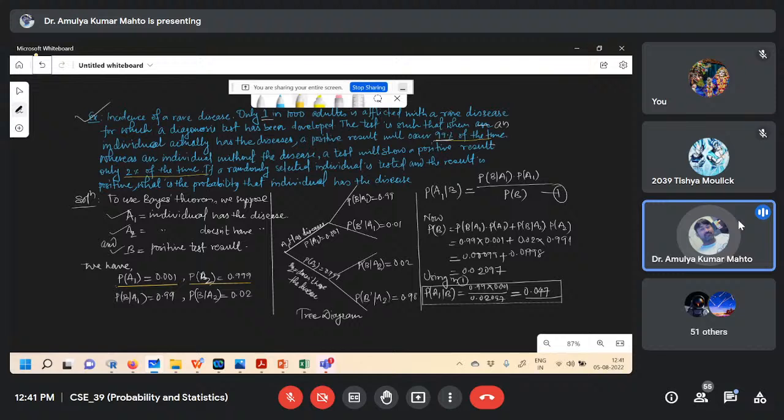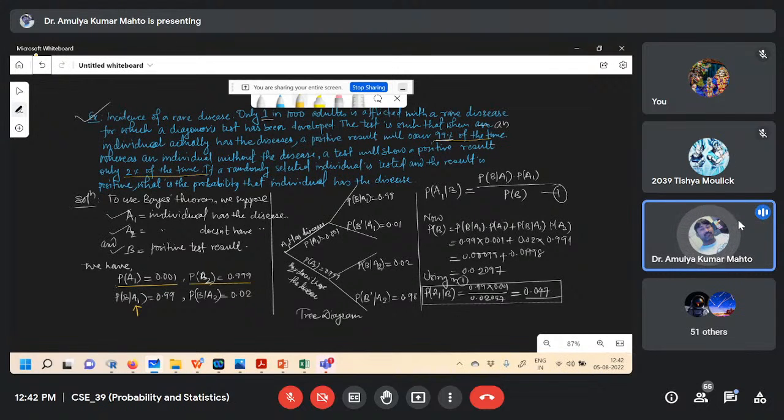Next, what is the probability that the test result is positive, given that the individual is actually having that disease? So it is given A1. A1 means individual has that disease. Then what is the probability that his result is also positive? This probability is actually 99%, when a person is actually having that disease, his result is positive.